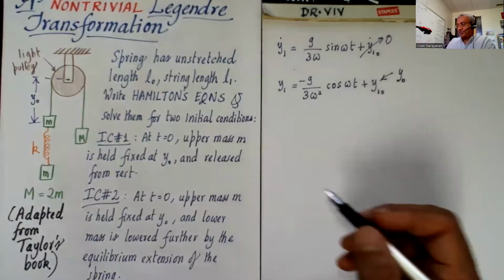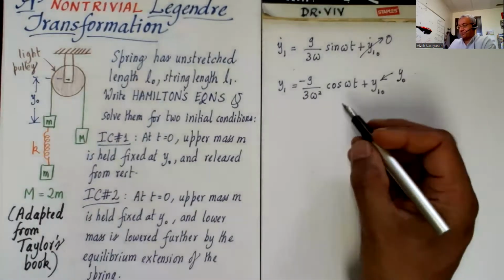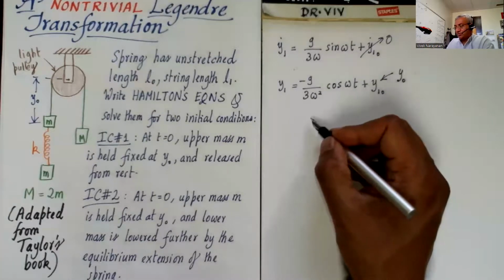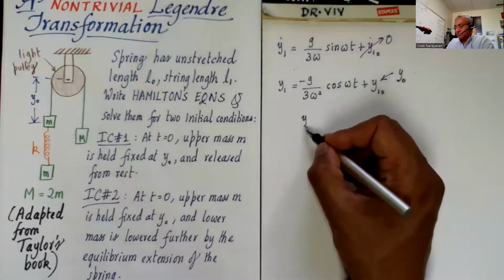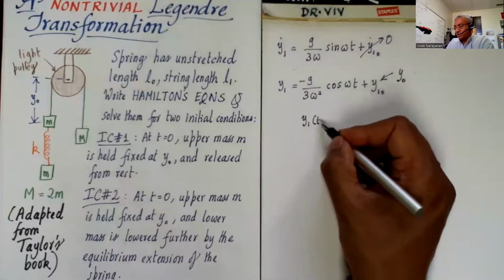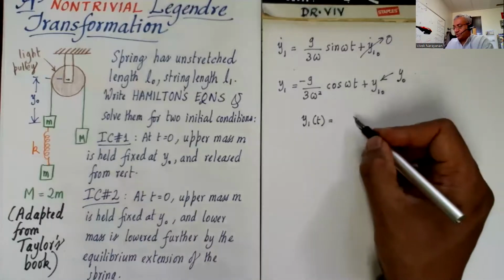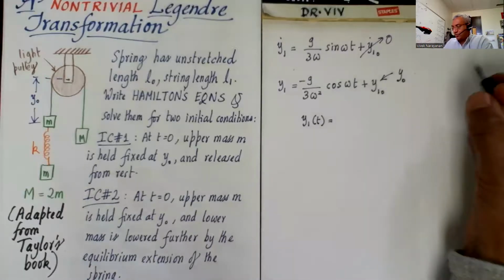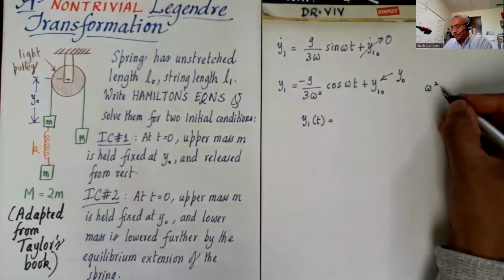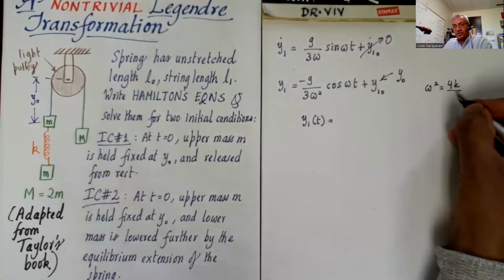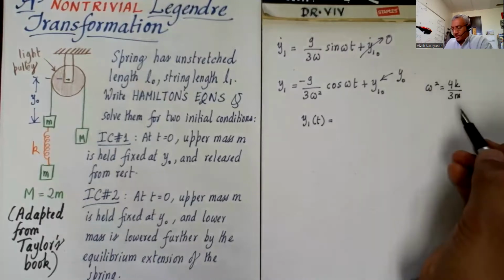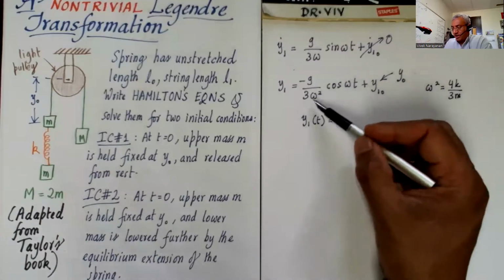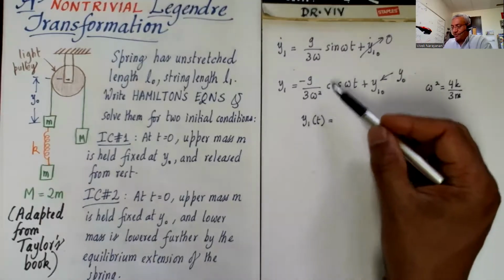Okay, now let's see what we get. That's it, that's the answer. So y1 as a function of t is equal to negative. Now I'll substitute for omega squared. Remember, omega squared is 4k over 3m. When I do that, I lose the 3 and the 4 comes instead, and then the m goes upstairs.